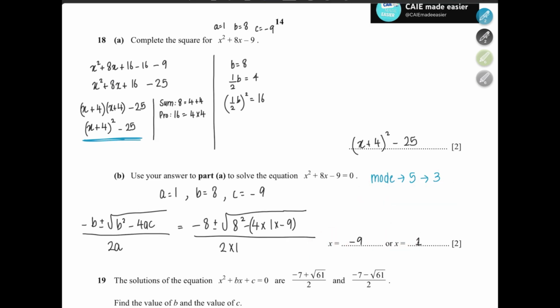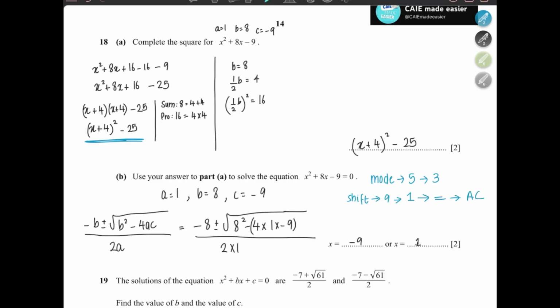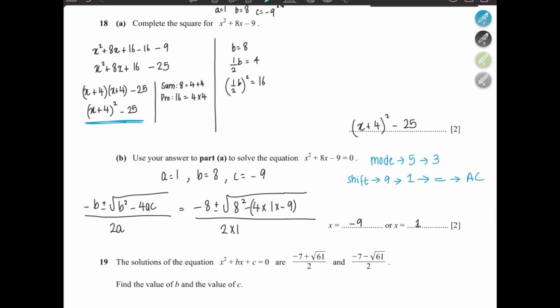It might be the same for you, but you can check. And to go back to the normal mode, click shift 9 1 equals AC. Basically, you just have to follow your calculator. You don't have to learn this. Your calculator will guide you. But this is just to know if your answer is correct or not. You need to learn the formula and apply the values into your formula.